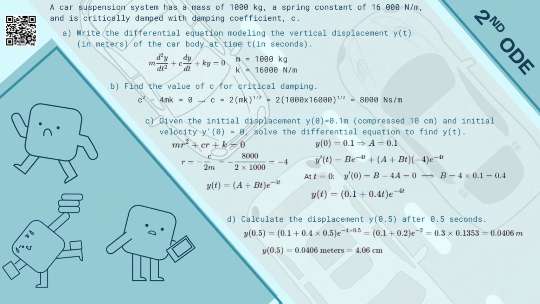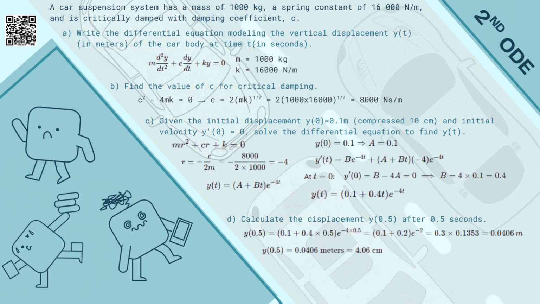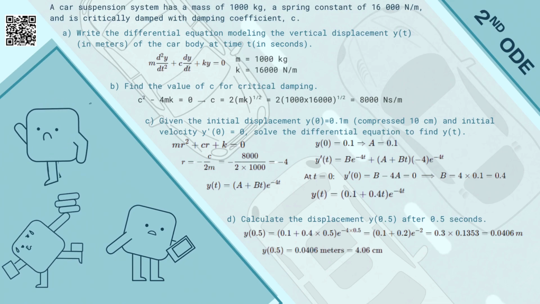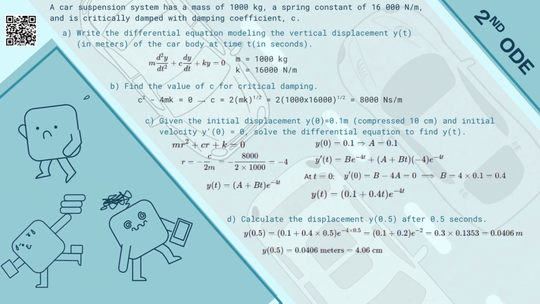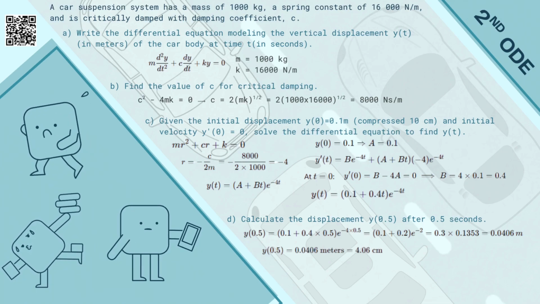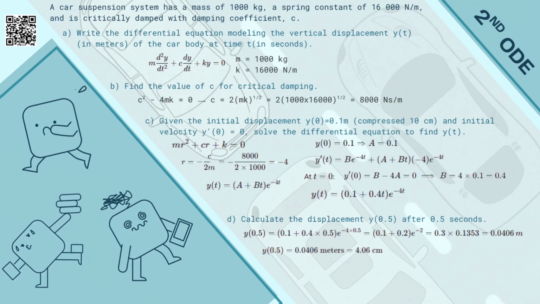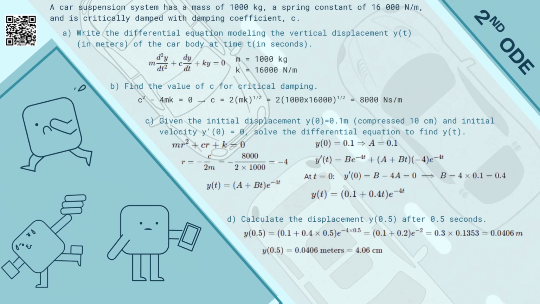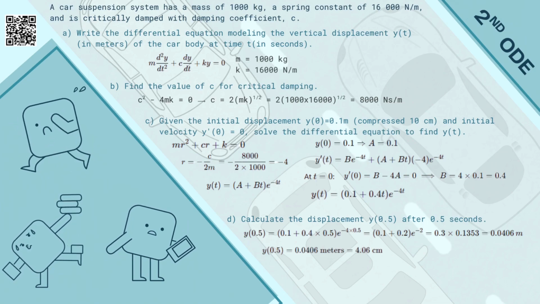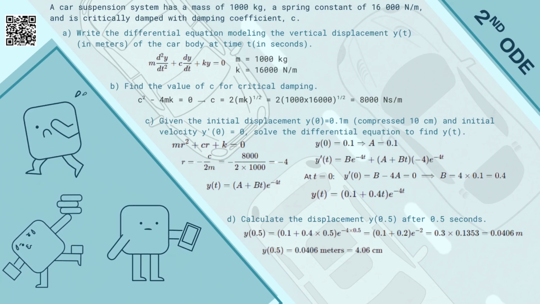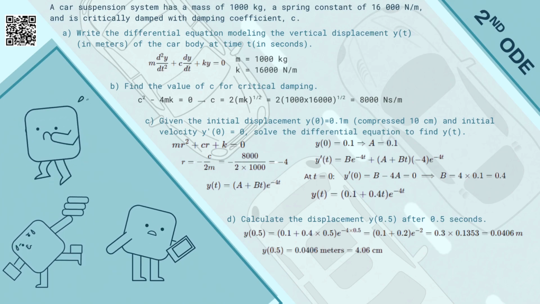So we use the equation of mr square plus cr plus k equals 0. Then we solve for r, and reorganize the equation, and then we use y(t) equals a plus bt, times e to the negative 4t.